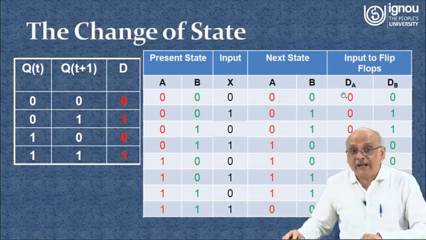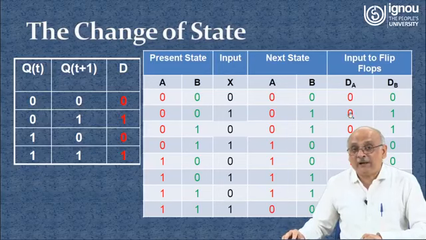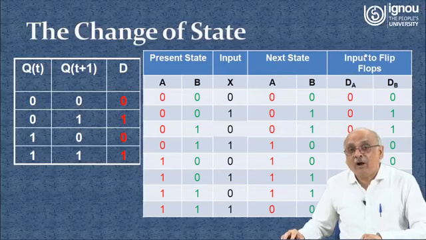So the required values of dA and dB are going to bring this particular change in the state of flip-flop A and flip-flop B. So that is how this whole circuit is to be designed. So technically these three form our input. Next state is never an input, right? Next state is only an effect of the application of dA, right?